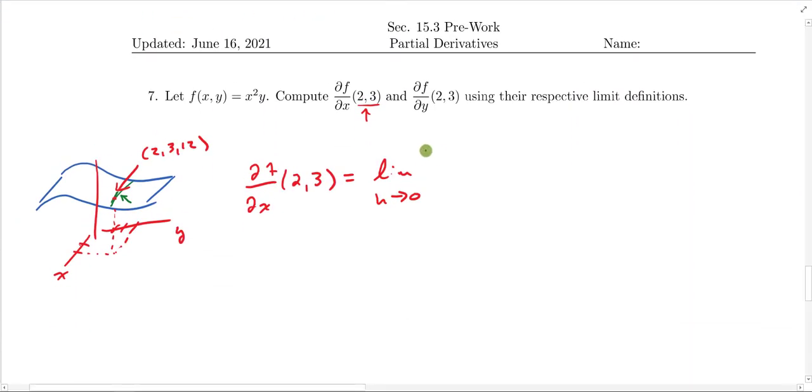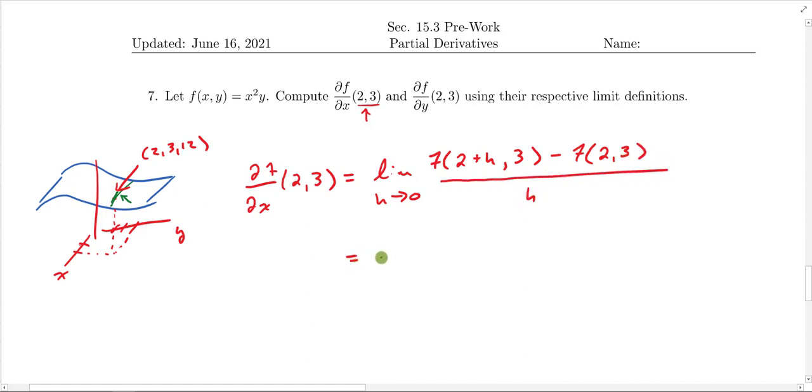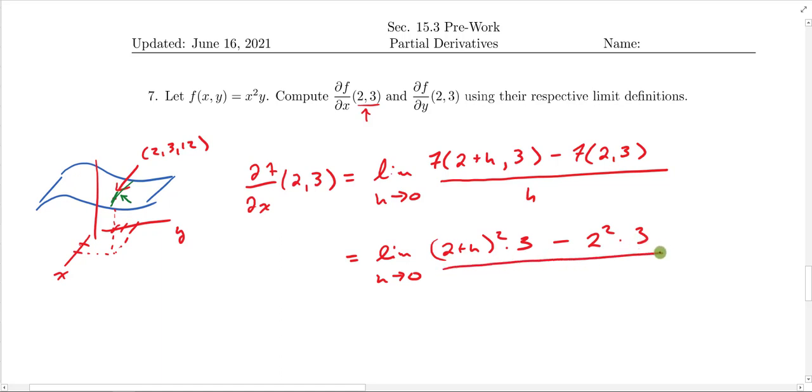So that's going to be f of 2 plus h, 3, minus f of 2, 3, all divided by h. Well, that's equal to the limit as h approaches 0 of (2 plus h) quantity squared times 3 minus 2 squared times 3, all over h.